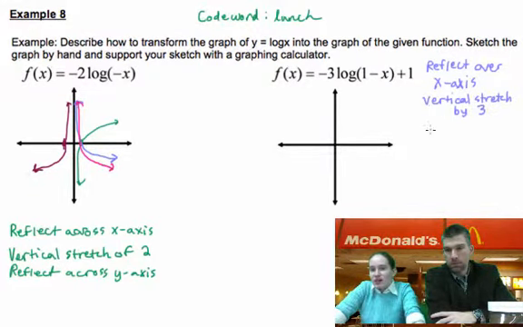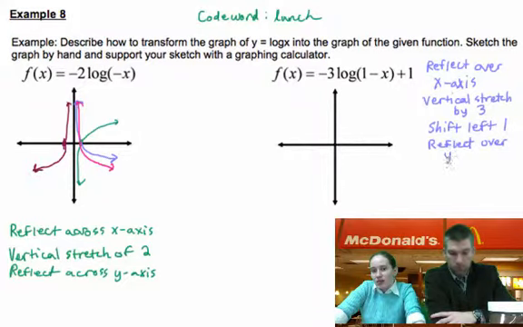And then on the inside we have a shift left of 1, which we want to do before we reflect over the y-axis. And then last we shift up 2.